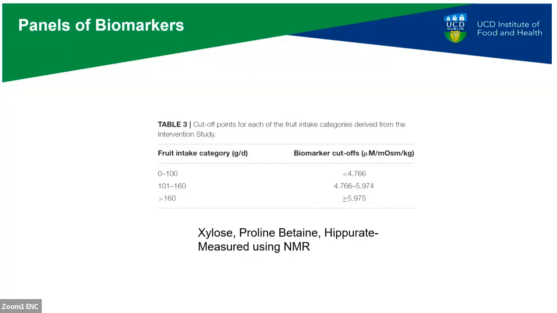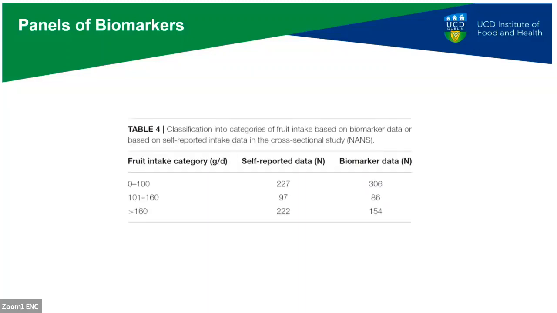Then we checked to see, well, does it work in our free living population when we're not controlling everything about the individuals? When we look at that in our free living data, on the right is what we estimate categorized individuals into different categories using the biomarker data. And in the middle, we have our self-reported data. The biomarker data and the self-reported data agree very well in the medium intake of fruit.